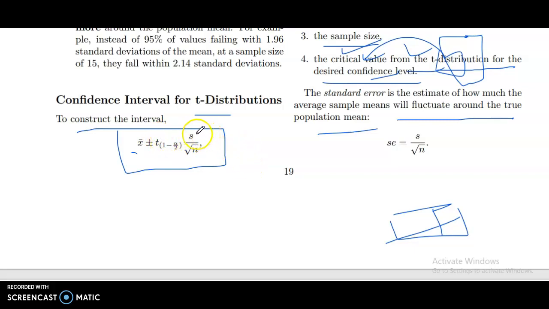And here s is divided by root n, so the value is reduced. Then we multiply with this, add and subtract from x bar. The standard error is equal to s divided by root n.